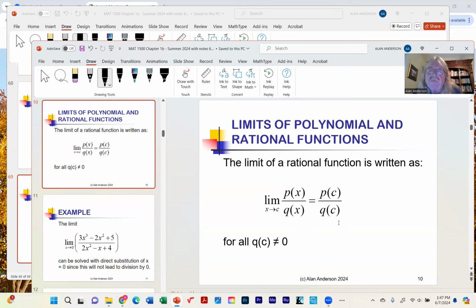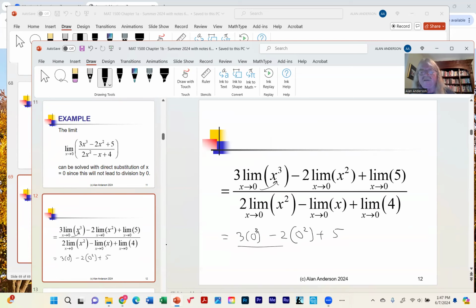So this is 0 cubed, 0 squared. This one is a constant, so it stays at 5. Here we have 2 times 0 squared minus 0 plus 4, 5/4, and that's it. We're done.